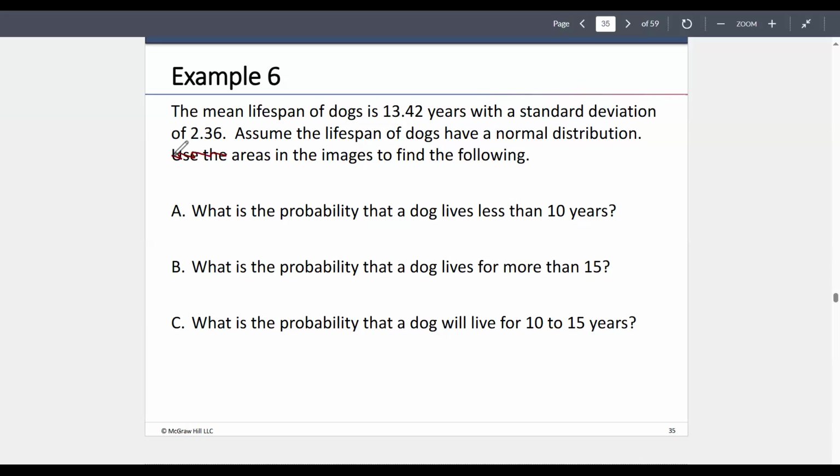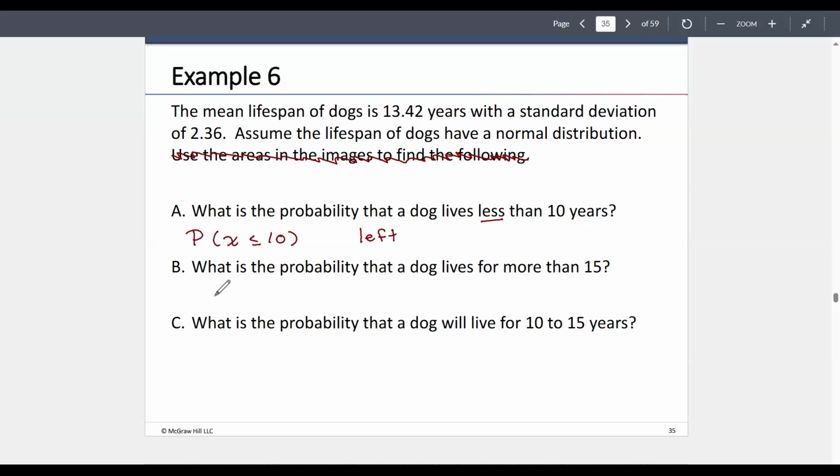Sorry, I didn't put the images on there. Use the images for the following problem. So we're going to find the areas. So first one is, what is the probability that a dog lives less than 10 years? So we're looking for the probability that X is less than 10 years. So we're going to be looking to the left, the area to the left.